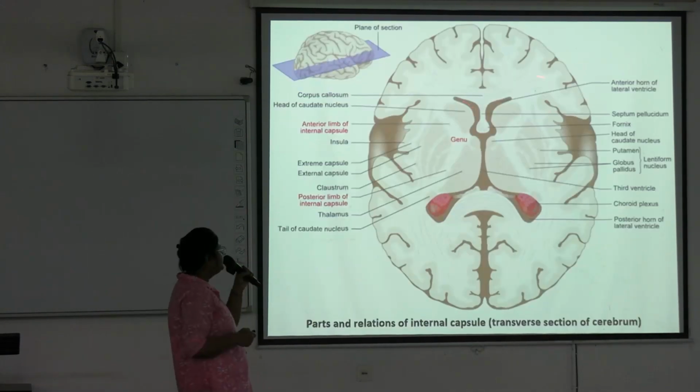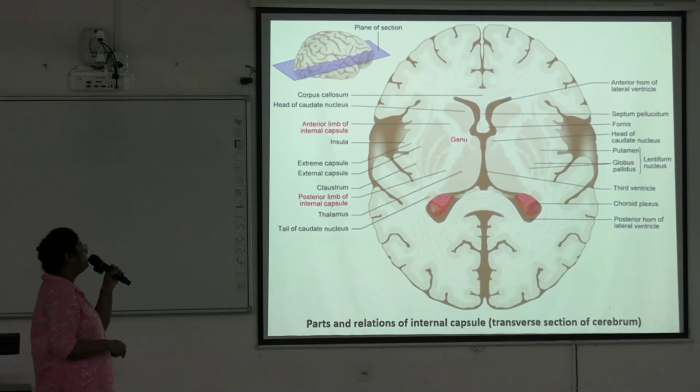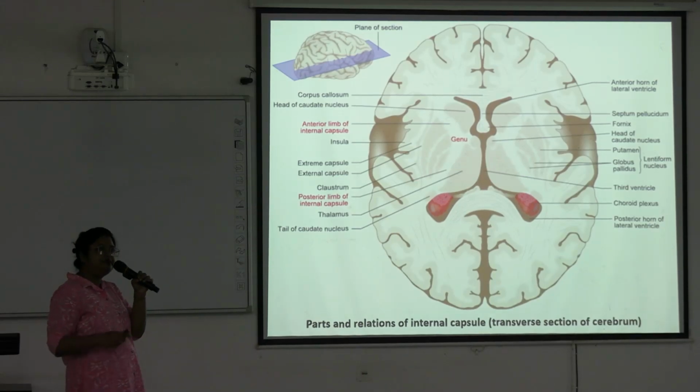These are the parts of the internal capsule, very important. See here, this is a transverse section through the brain. See this white V-shaped structure, this is the internal capsule. Anterior limb, genu, posterior limb, and here lies the retrolentiform part, and the sublentiform part will be below it.